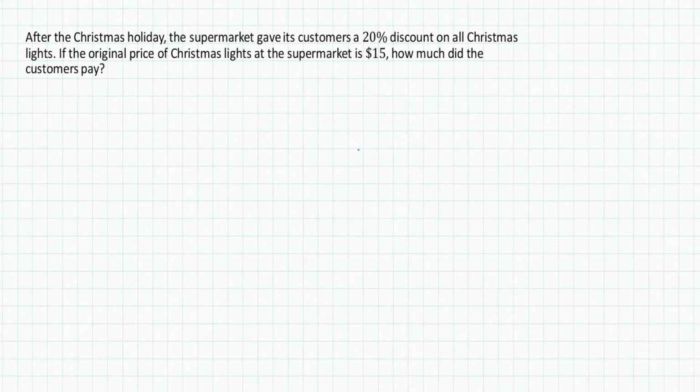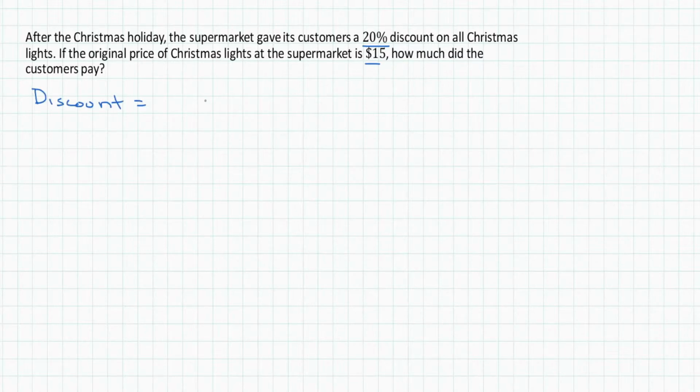Okay, after the Christmas holiday, the supermarket gave its customers a 20% discount on all Christmas lights. If the original price of Christmas lights at the supermarket is $15, how much did the customer pay? So we want to first find out the discount.